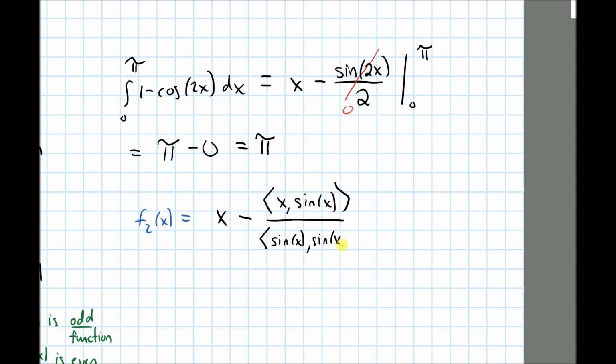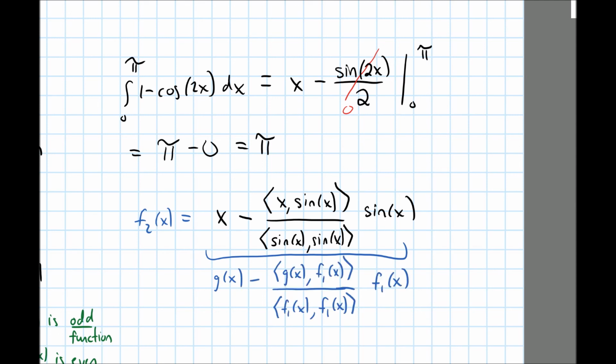And then this whole thing times f1 of x, and f1 of x was sine x. Recall that this is using the formula. Let me just go ahead and write it down, because we've seen it already. Alright, so I've gone ahead and just copied that down.